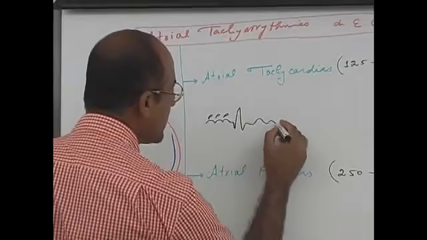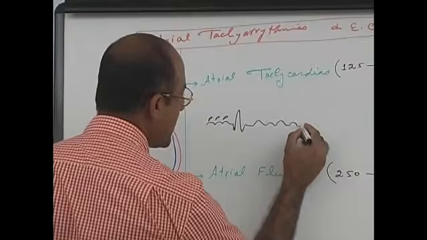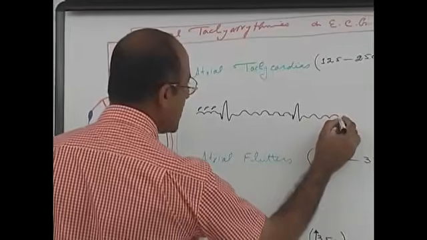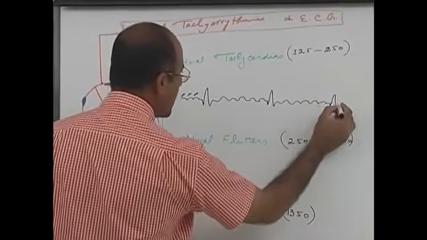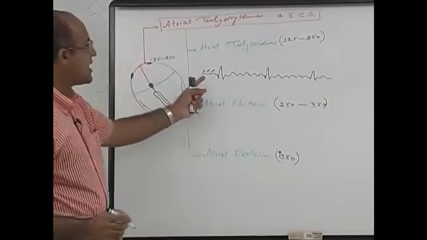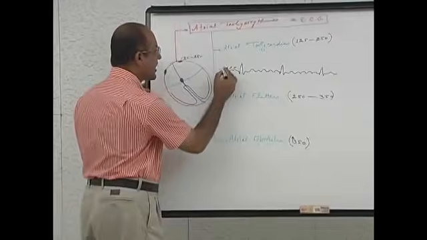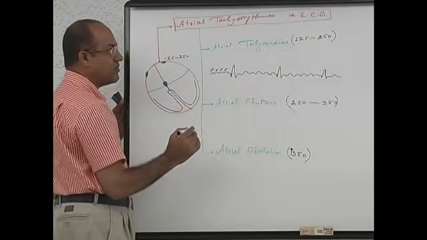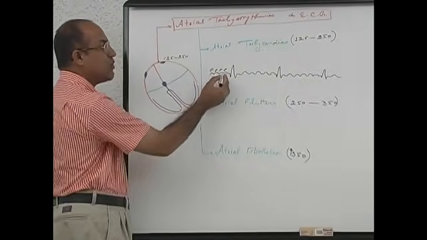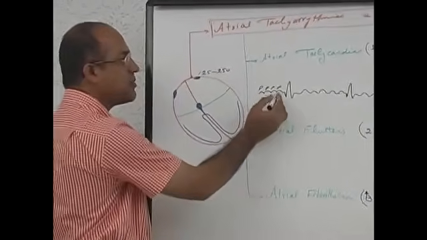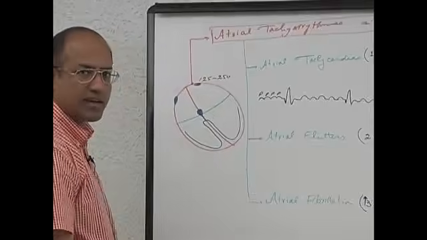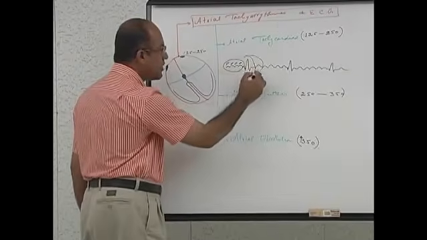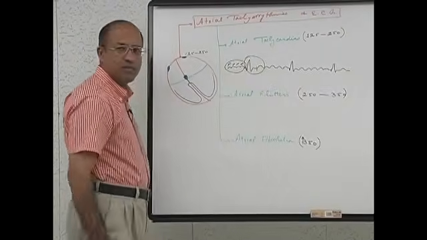Then again you find multiple P waves followed by one QRST, and this pattern may be repeated many times. So atrial electrical activity is very fast compared to ventricular electrical activity, with multiple atrial activities followed by one ventricular electrical activity.